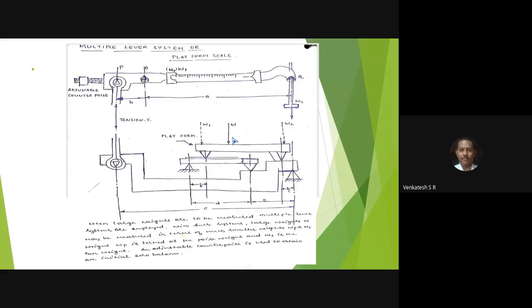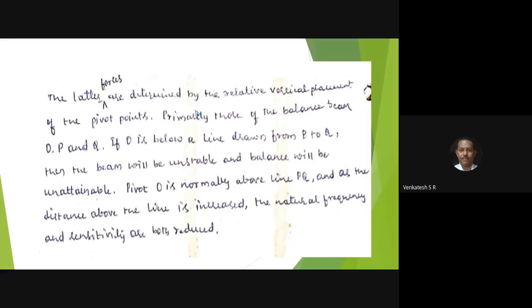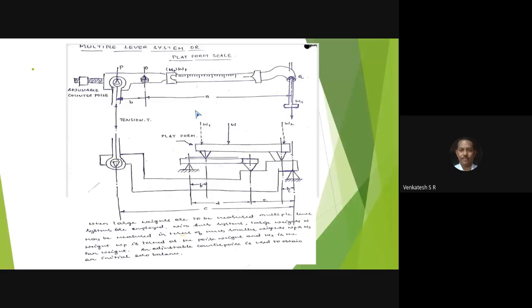Explain briefly with a neat sketch the multiple lever system or platform scale.